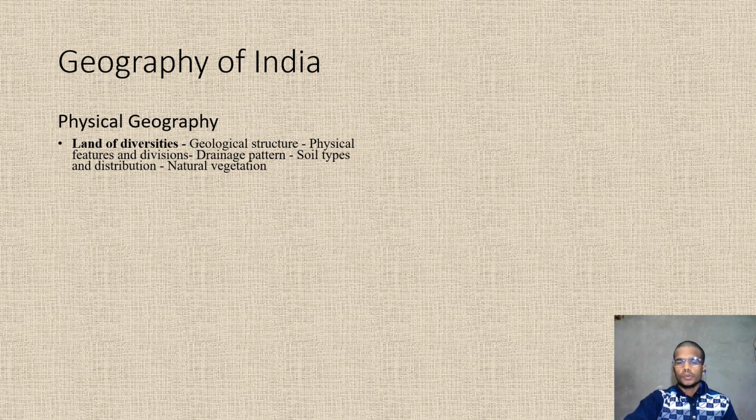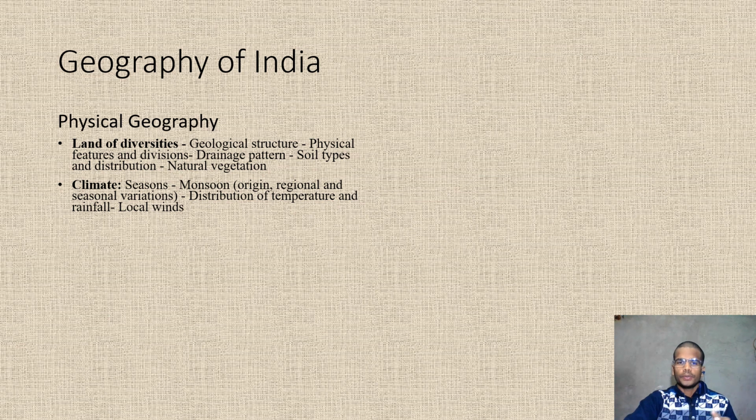Physical features and divisions: you have to study the Himalayas, northern Indian plains, peninsular plateau, coastal plains and islands. Drainage pattern: you need to know the names of rivers, where they flow through, as well as important multi-purpose projects and dams. Then soil types and distribution, and natural vegetation.